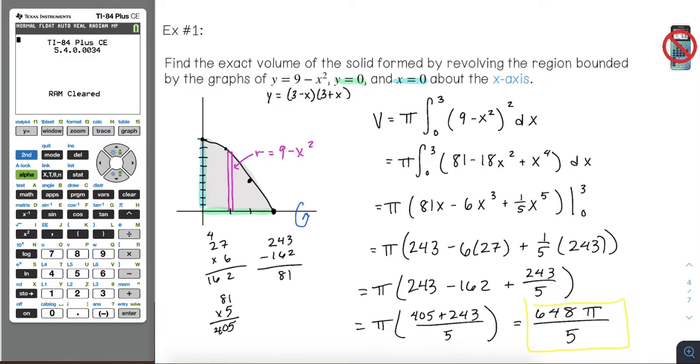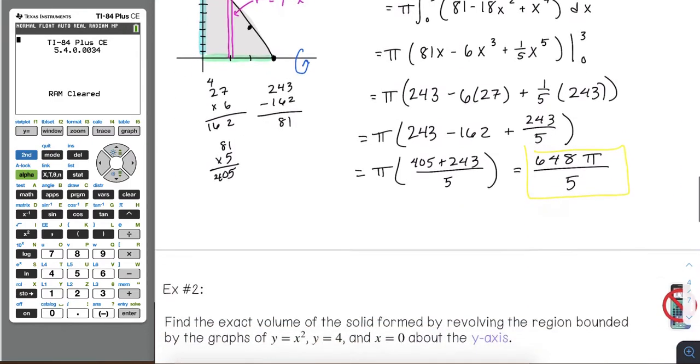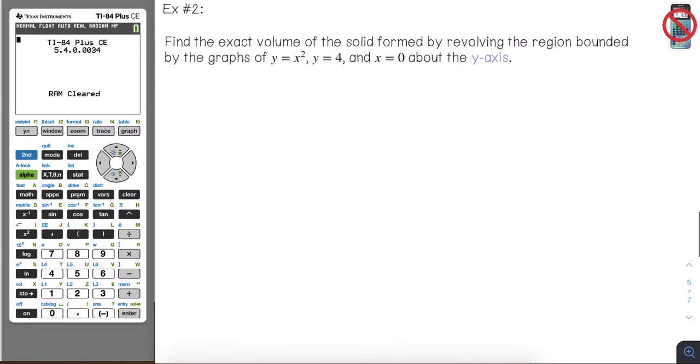So now let's go ahead and do one around the y-axis. Again, exact answer, so no calculator. We're going to do the graphs of y equals x squared, y equaling 4, and x equaling 0 about the y-axis. Okay, so x squared, so I got 1, 2, 3, 4.